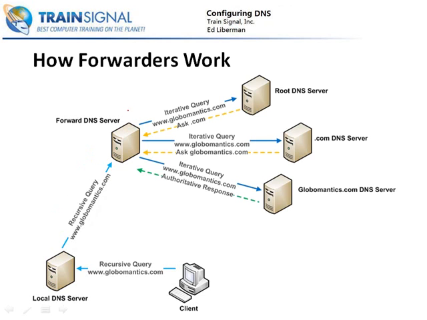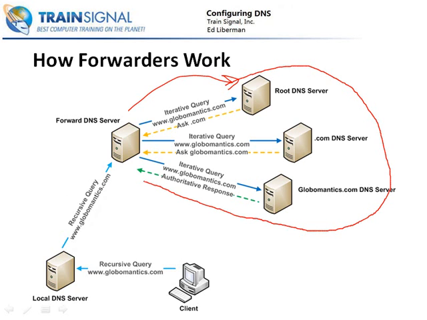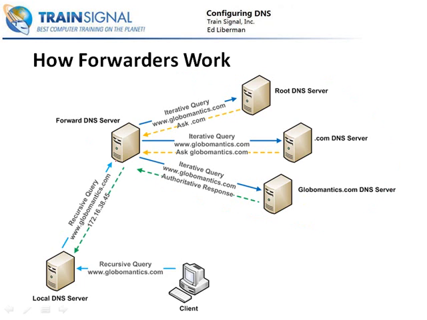It's those root hints that get that server out to the root DNS server on the internet, goes through the entire internet process, and gets an authoritative response from the globalmantics.com authoritative DNS server. The forward DNS server then responds back to the local DNS server, and the local server can respond back to the client, and the client gets its answer.